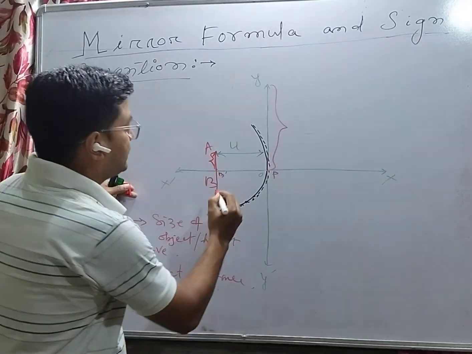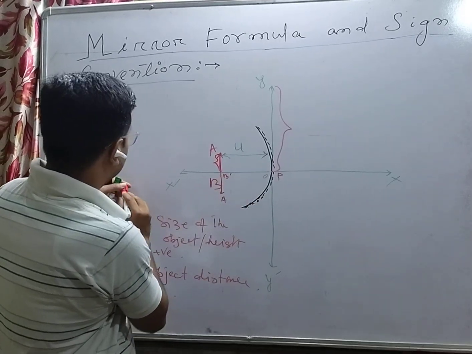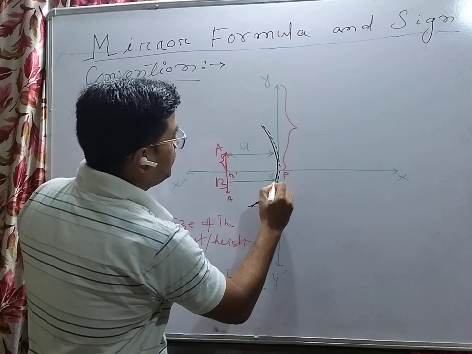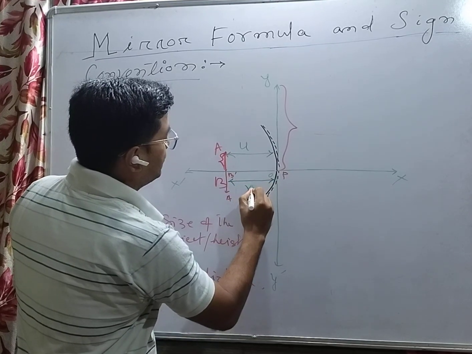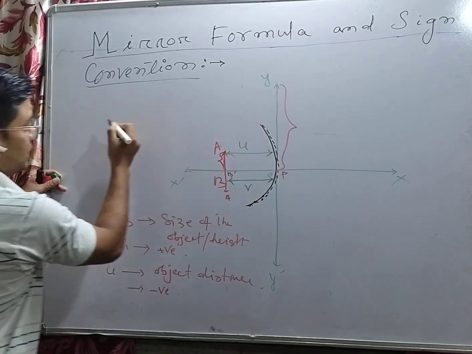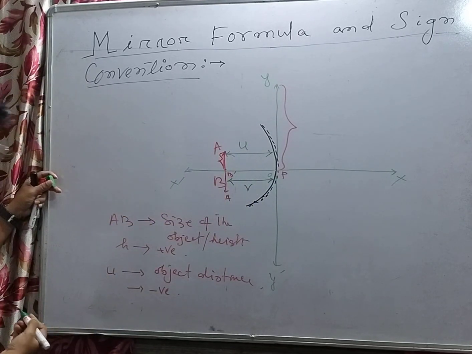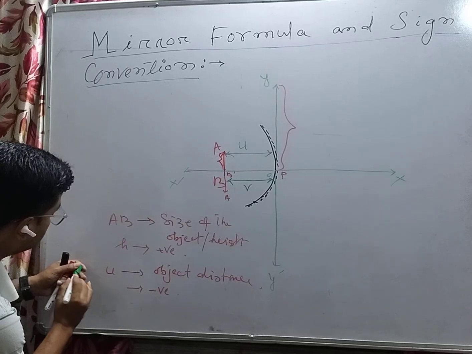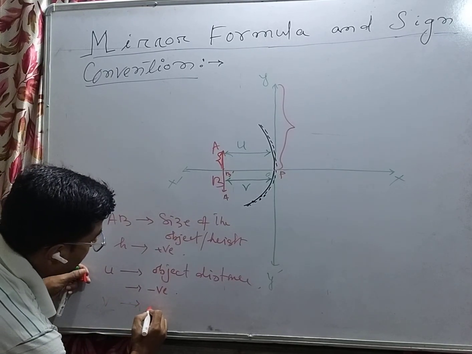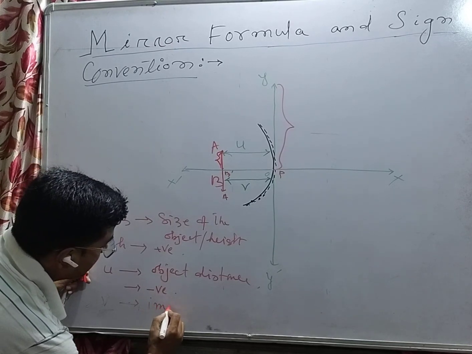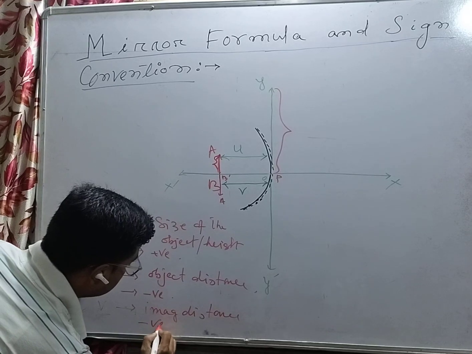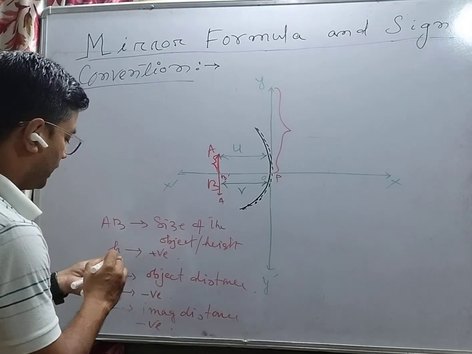The distance between the image and the pole, this distance, is v. In case of a concave mirror, image distance is negative. v should be negative. Image distance is negative.